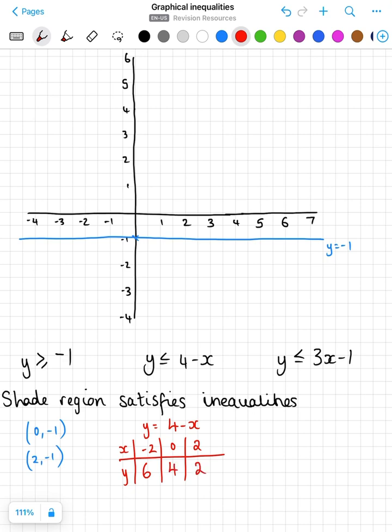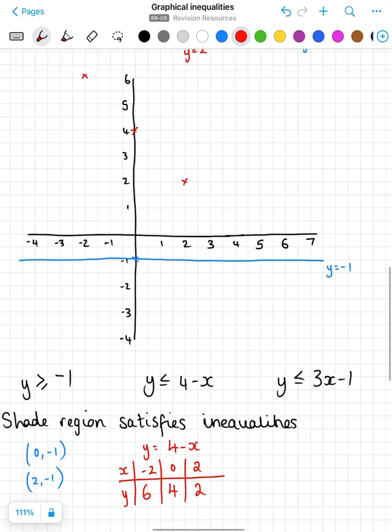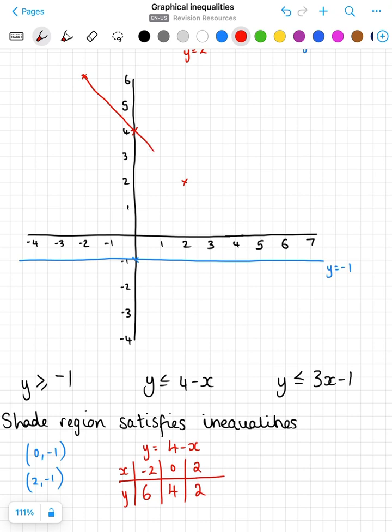So we've generated some coordinates which we're now going to plot and join together with a straight line. We label y equals 4 minus x.